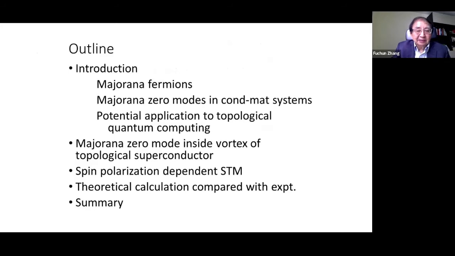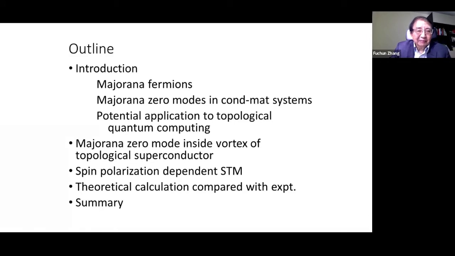So this is the outline of my talk. I will give quite a long introduction because I assume some of the audience may not be familiar with Majorana fermions and topological insulator and Majorana zero mode and its possible application in topological quantum computing.